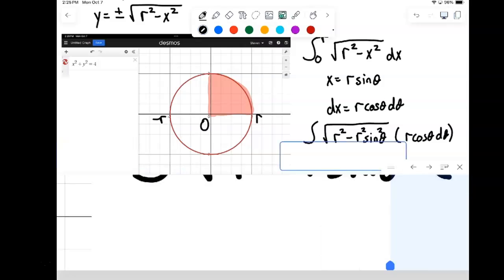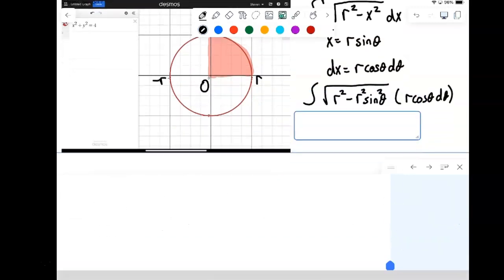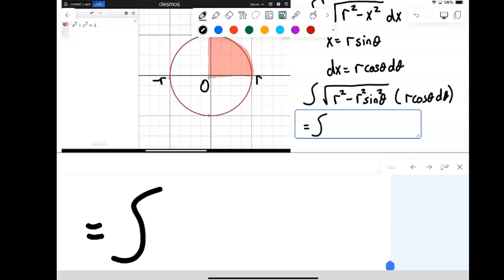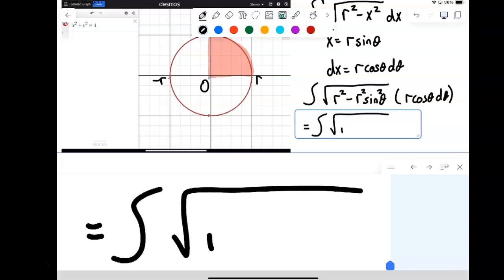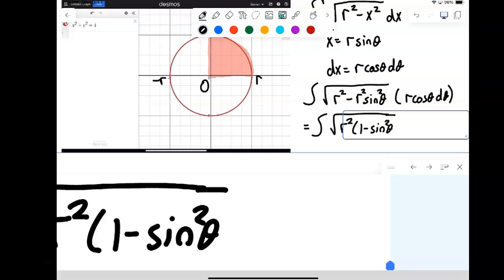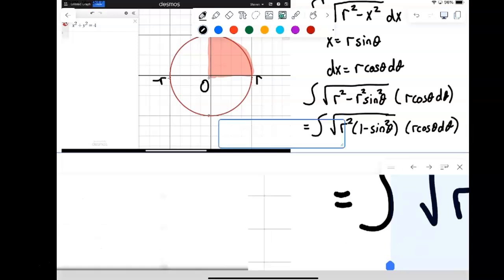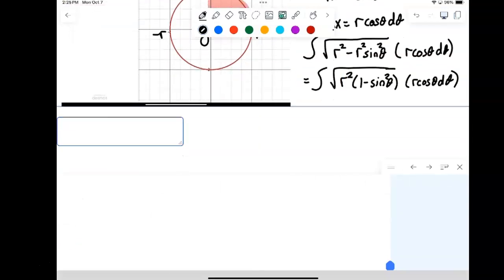Right, and then we can factor out the r. Right? We can factor out the r there. Have the integral of the square root of r squared, 1 minus sine squared, times r cosine theta d theta. And we just keep going.